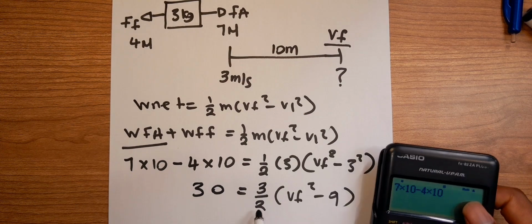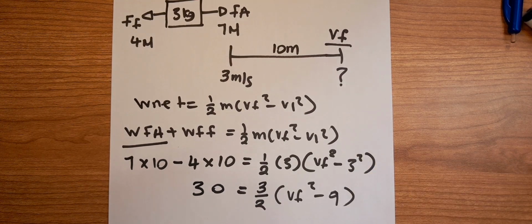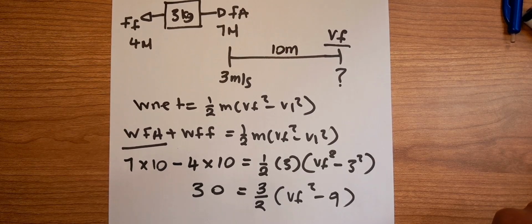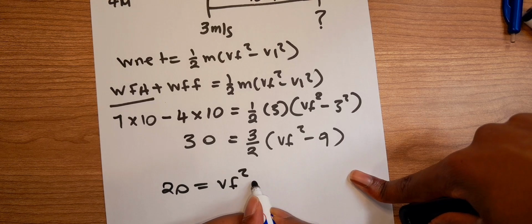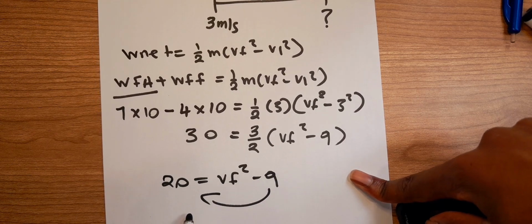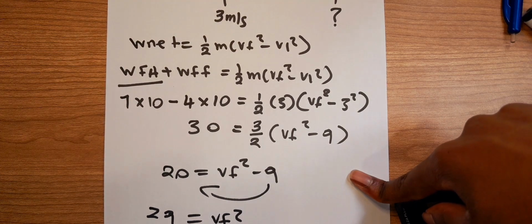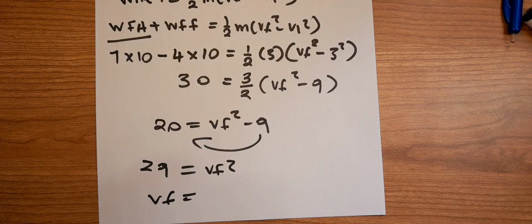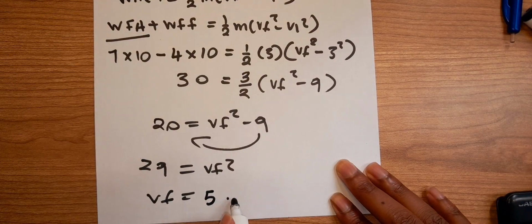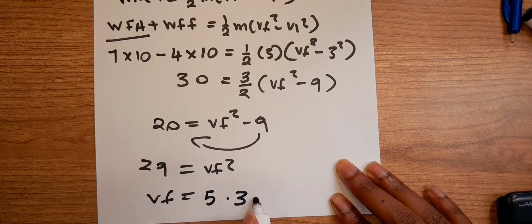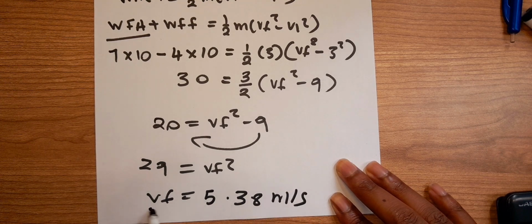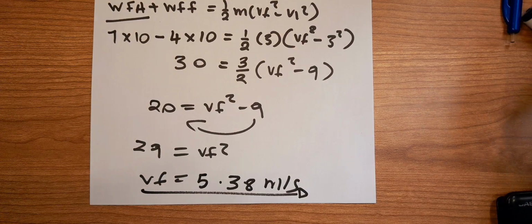If I divide both sides by 3 over 2, I have a value of 20, which equals v squared minus 9. I'm going to take this 9 to the other side, so I have 29 equals v squared. So v final is going to be the root of 29, which equals 5.38 meters per second.